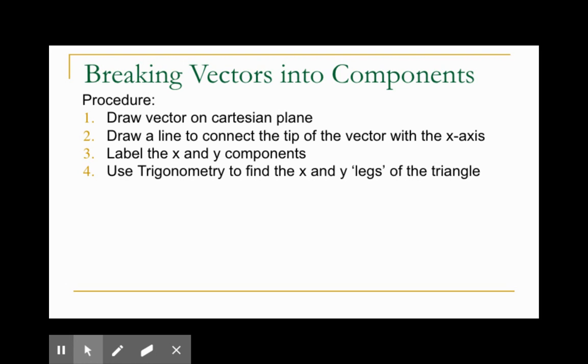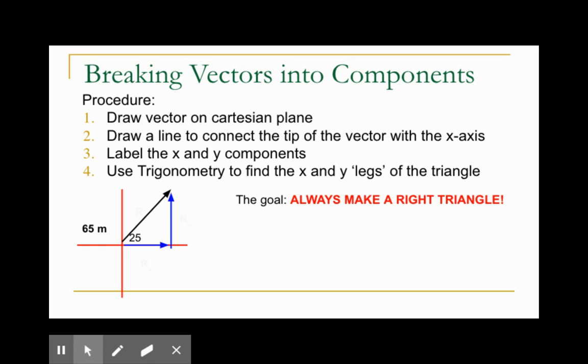Next thing we do is we use trig to find the x and the y legs of the triangle. So r, which we're told is 65, is our hypotenuse.